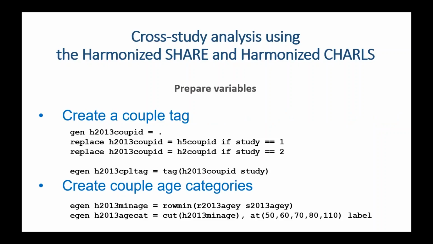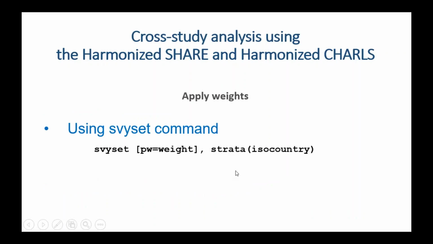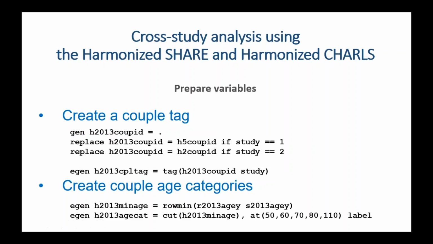One thing you might want to note is that couple 1 in SHARE is not the same as couple 1 in Charles. They're both going to have a couple 1. So when we create our tag variable, we want to make sure that we tag both our couple ID and the study. What that does is it knows that you're couple 1 in SHARE, which is different than couple 1 in Charles, and it tags you appropriately.